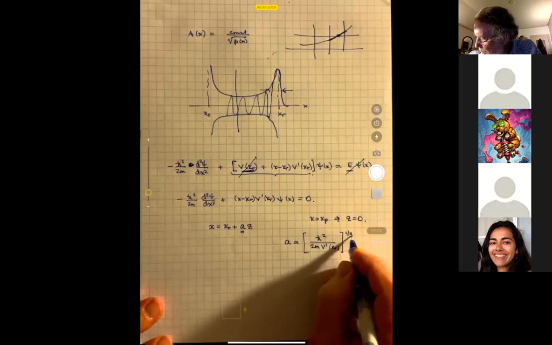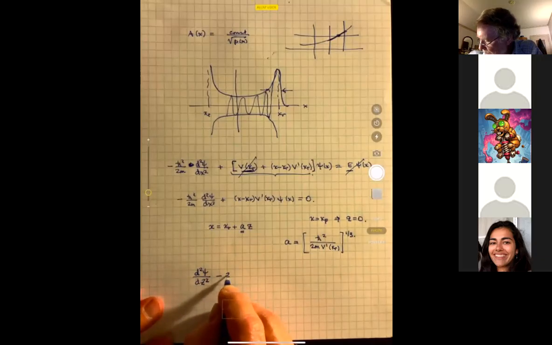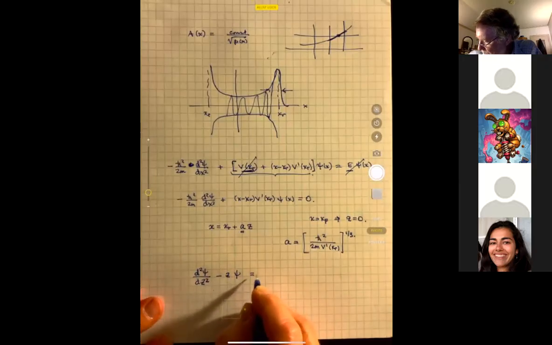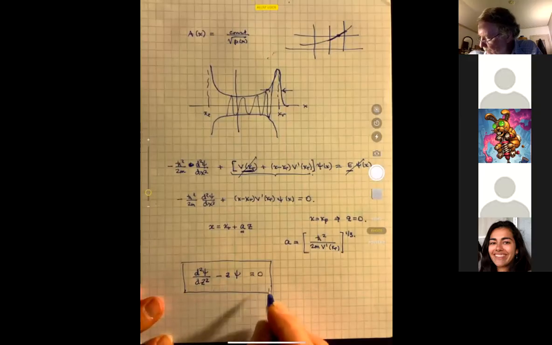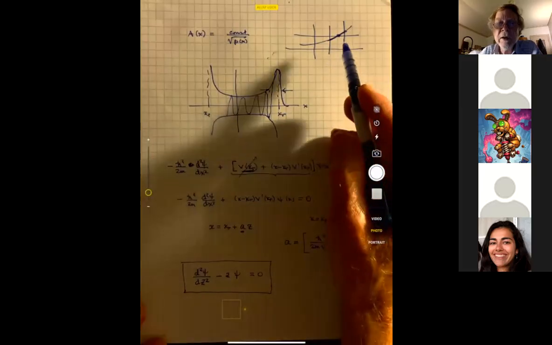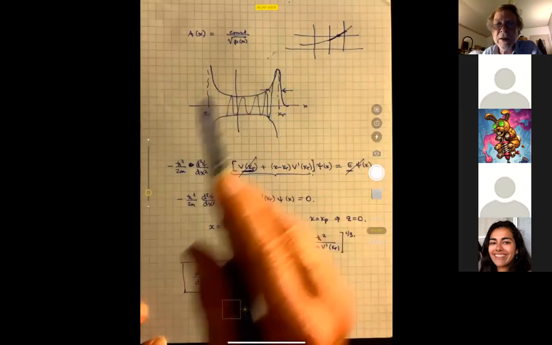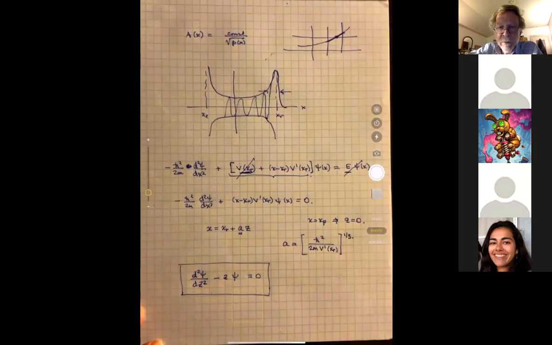If you do the substitution and go through the algebra, then what you find is you get an equation that says d squared psi dz squared, where z is the new variable now, minus z times psi is equal to 0. And let me box that because this is the standard form of the Schrodinger equation in the neighborhood of a turning point, at least where the turning point is to the right of the classically allowed region, for almost any one-dimensional problem. This works for a wide variety of problems. All right.